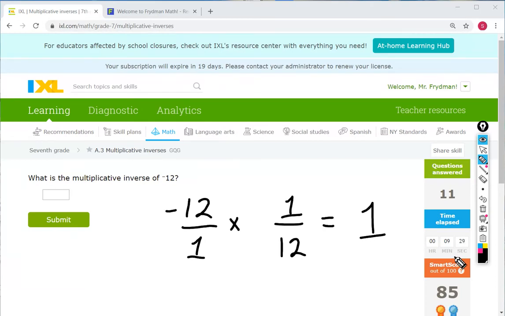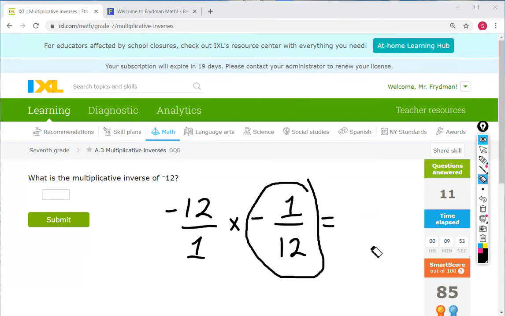So we have to think about it this way. We have a negative times what would give us a positive? And the answer is a negative times a negative. A negative times another negative gives us a positive. So for the multiplicative inverse, we would keep the negative out here.